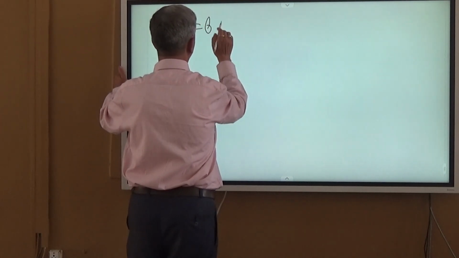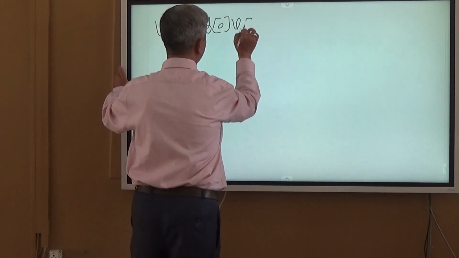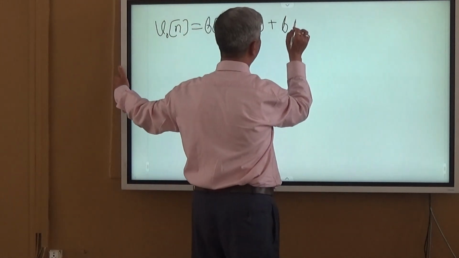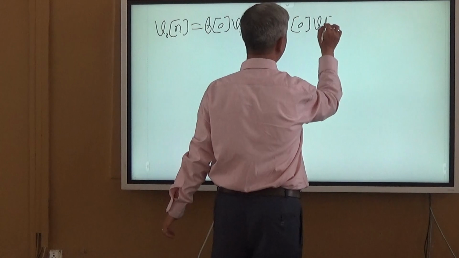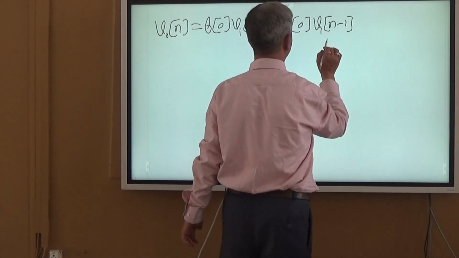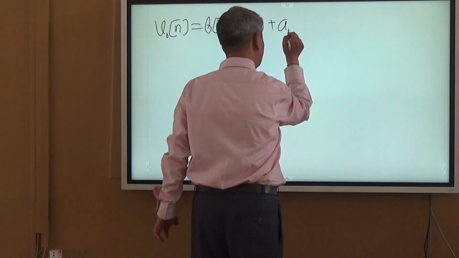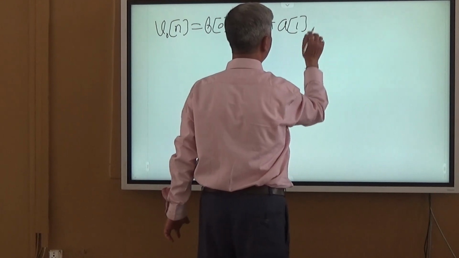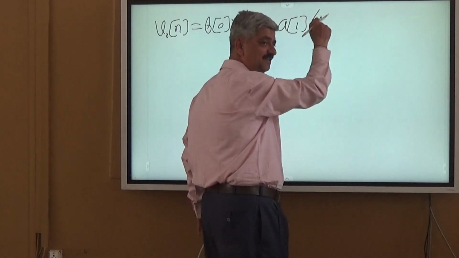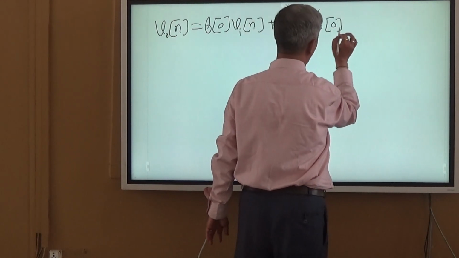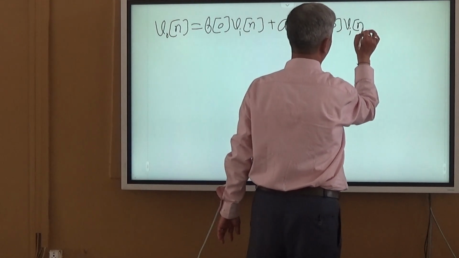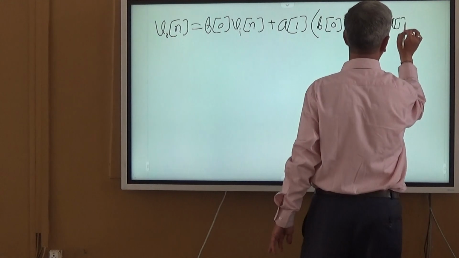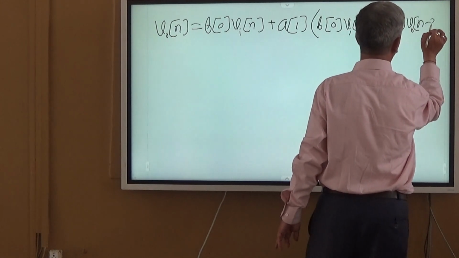It is B0 V in n plus A1 times VO n minus 1. This A1 is constant as it is, and for the bracket it will replace VO n minus 1 with B0 V in n minus 1 plus A1 VO n minus 2.